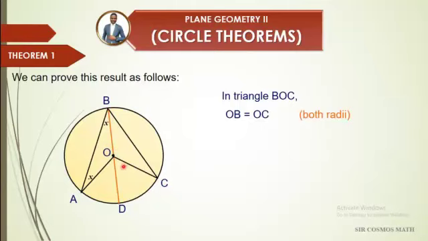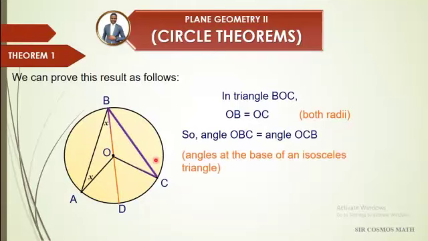OC is equal to OB because they are also radii. So angle OBC is equal to angle OCB. This angle is equal to this angle because triangle BOC is an isosceles triangle. So this angle and this angle are the same.